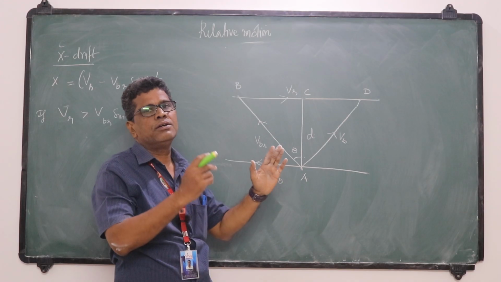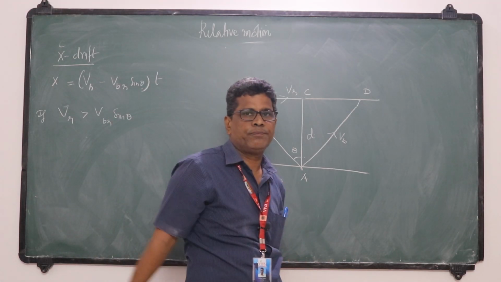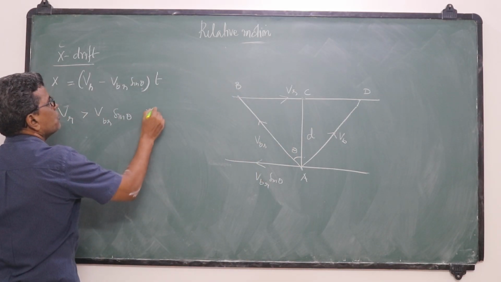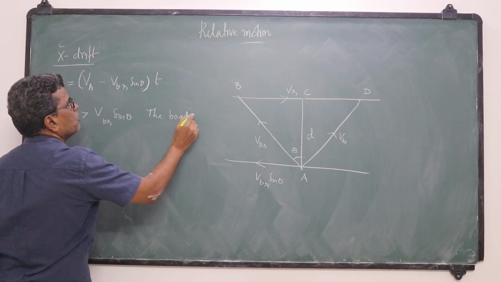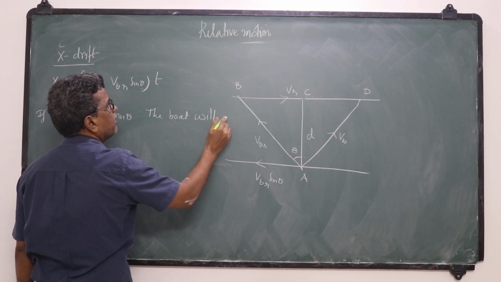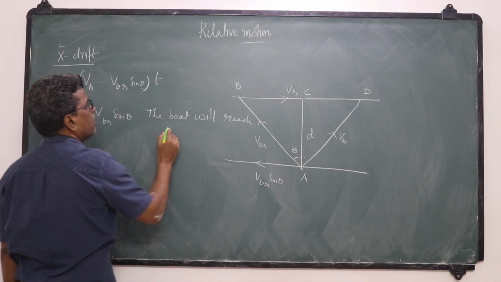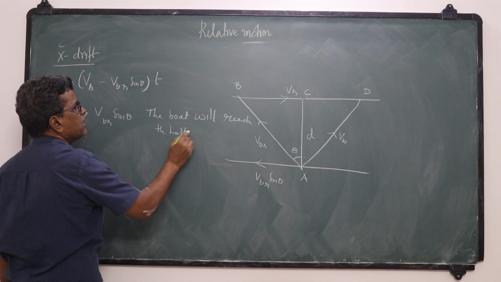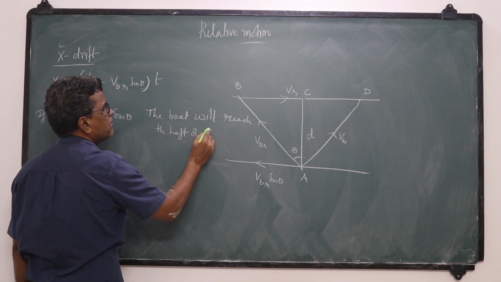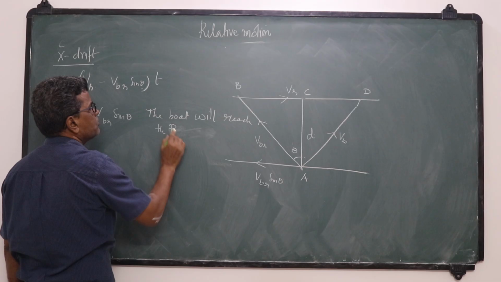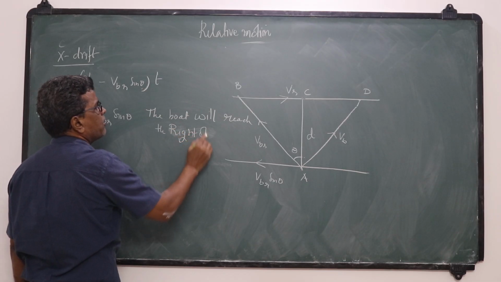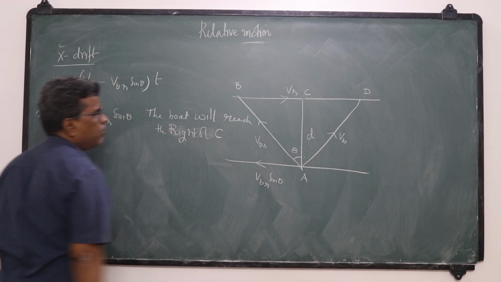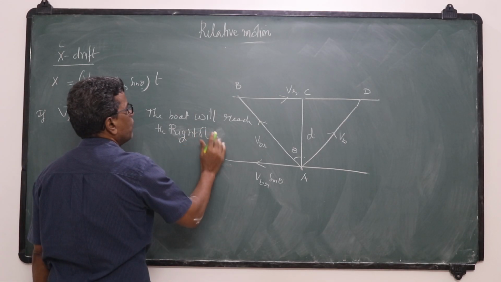So definitely the river pushes the boat to the right of C. So where will the boat reach? Right of point C.